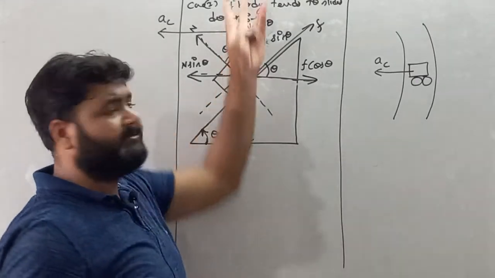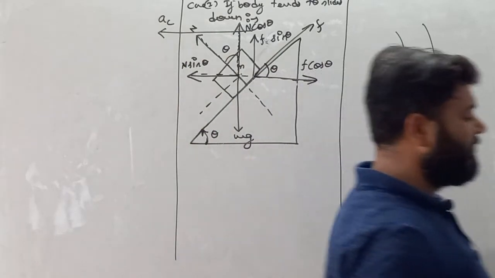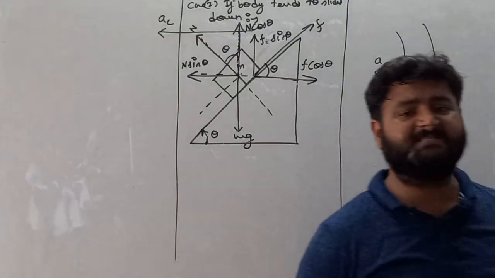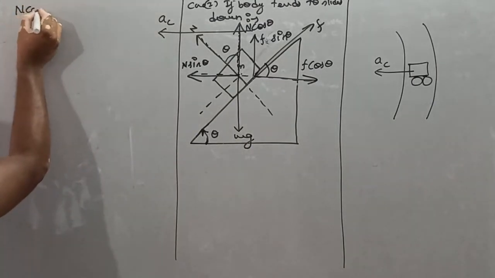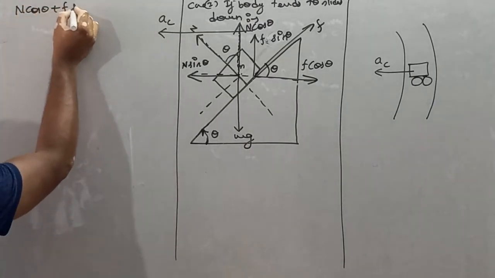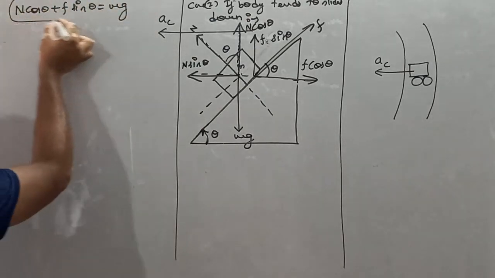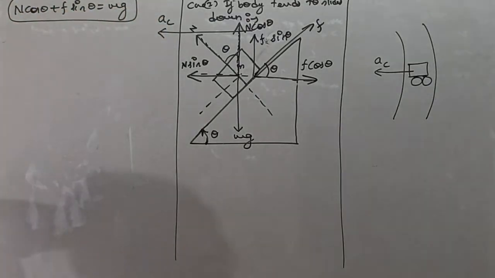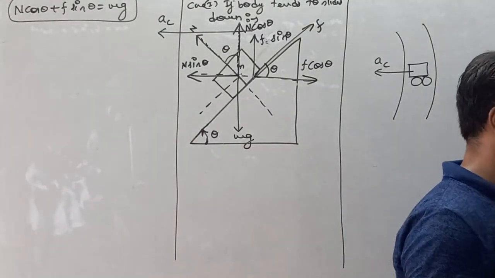The body cannot move in this direction nor in this direction. So we can say along these directions the forces are equal. So we can write N cos theta plus F sin theta equals mg. I hope you all understand this.